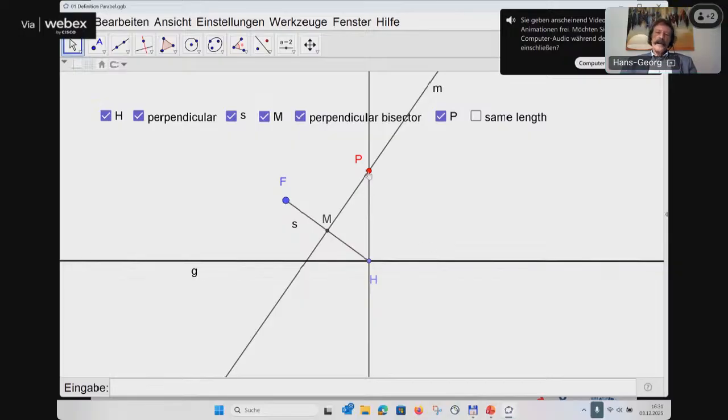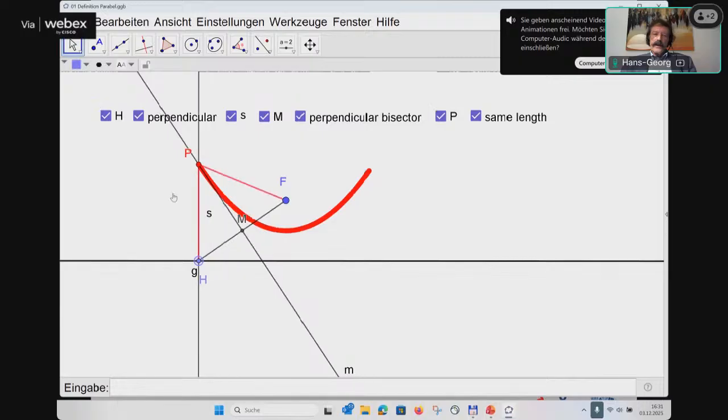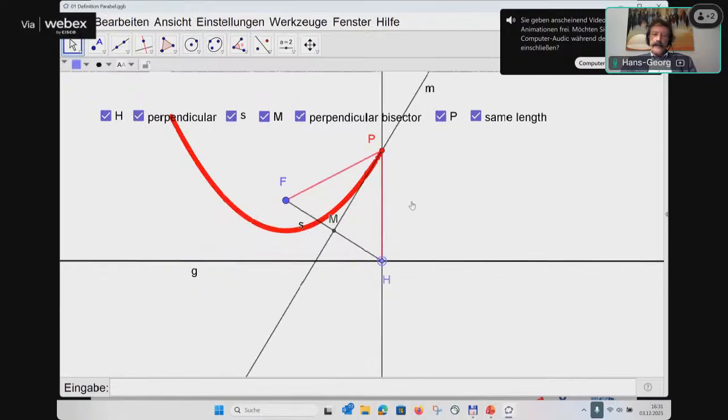So P here, and you see that these two lines have the same length. And this is the definition of a parabola, that all points which have the same distance from a point and a straight line form a parabola. And you can see it here. If you do it, you get exactly the parabola.